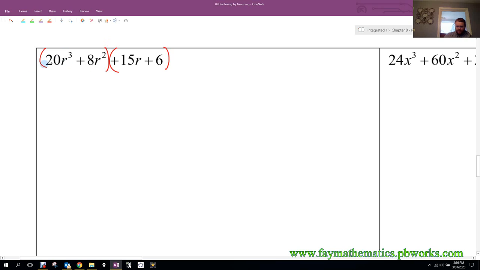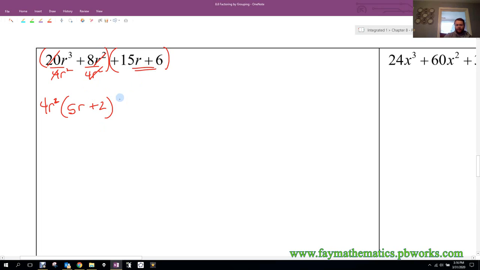So group these. So now I know they both have an r squared and they're both divisible by 4. So divide them both by 4r squared. So 4r squared is out front, and then that will cancel, give me a 5r to the first. R squareds cancel there, and it's going to leave me plus 2.